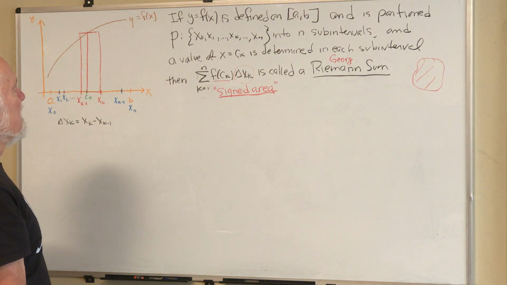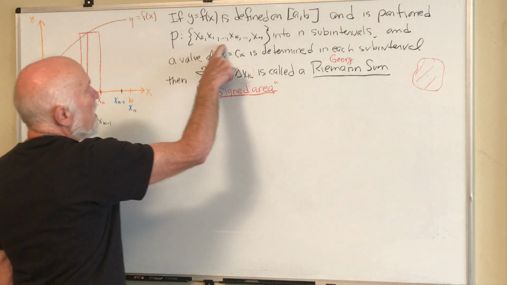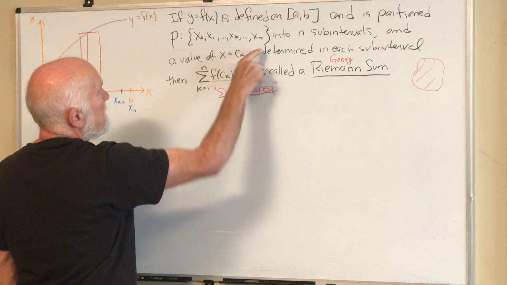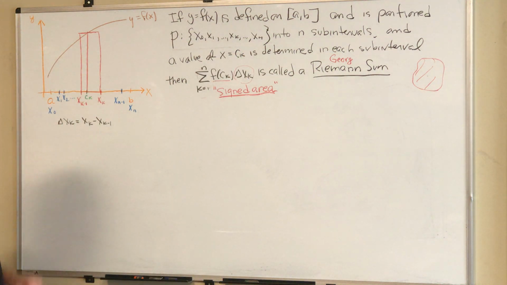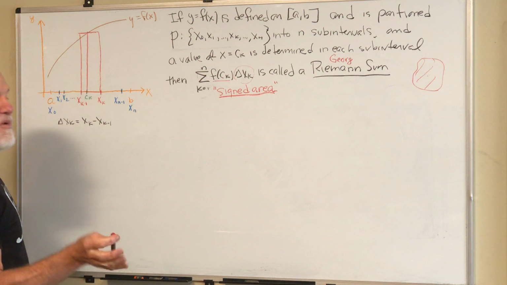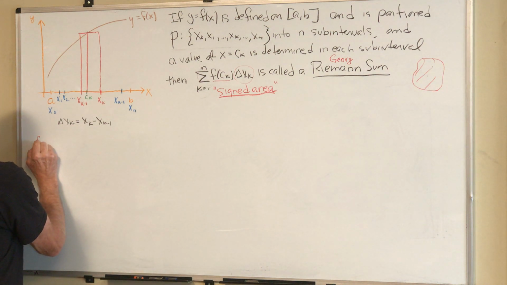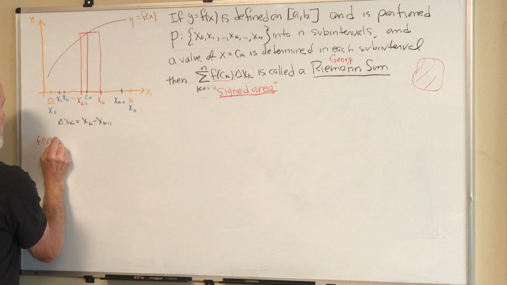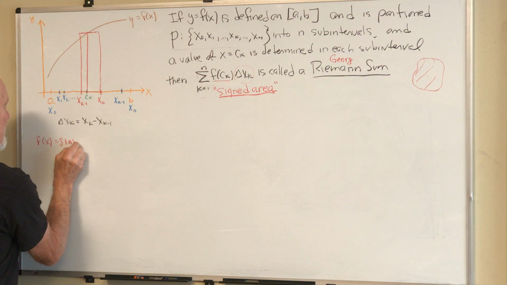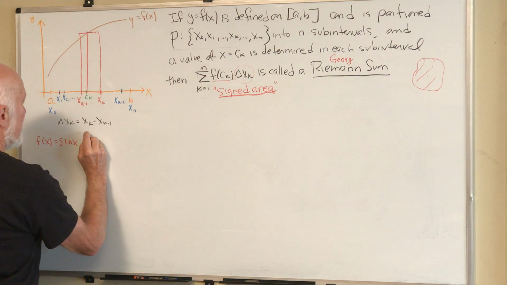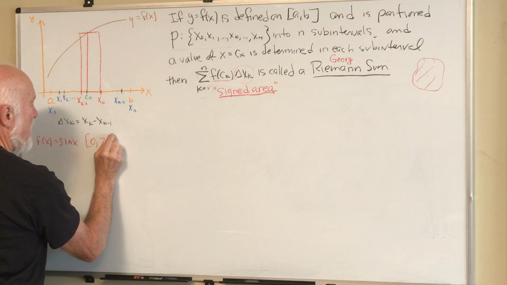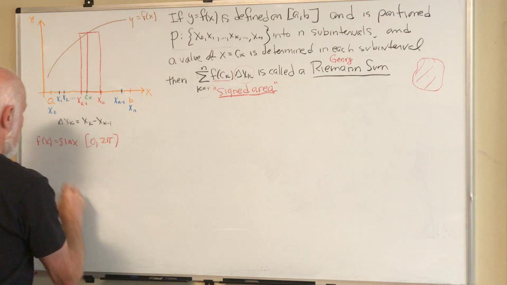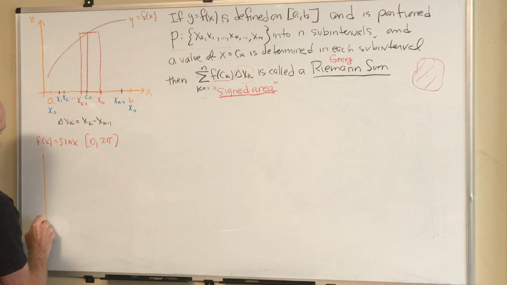So, we've got this new thing called a partition. Let's just look at one example of a Riemann sum other than what we did yesterday. So say we had f of x to be the sine of x, and it's defined on the interval from 0 to 2 pi. So we kind of know what that graph looks like.